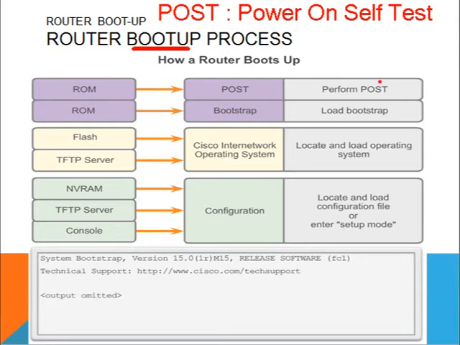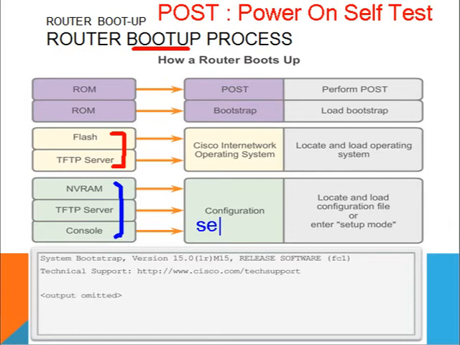If all the hardware features are working properly, it will go on to perform what we call the ROM bootstrap, and loading the bootstrap, it will continue to load the operating system, the Cisco IOS or Internetwork Operating System, through the flash or through the TFTP server. Upon loading the operating system, it will next proceed to load the configuration settings.